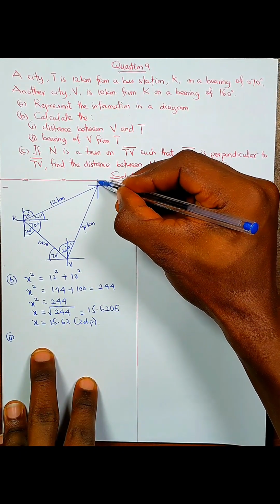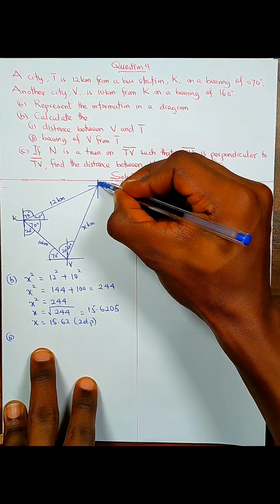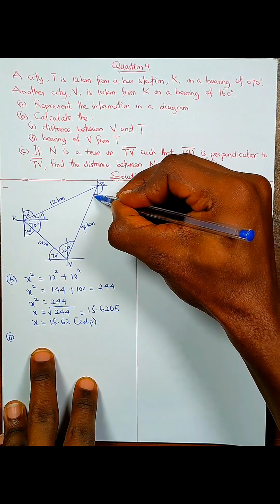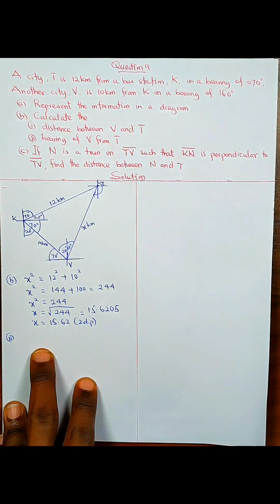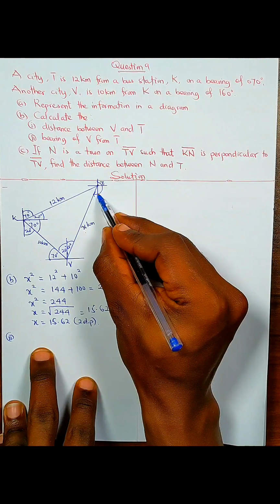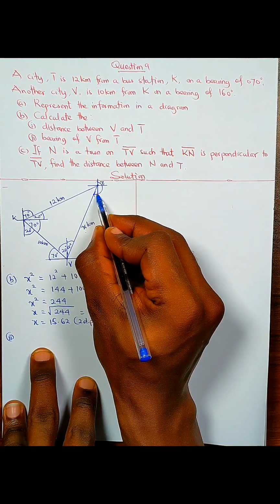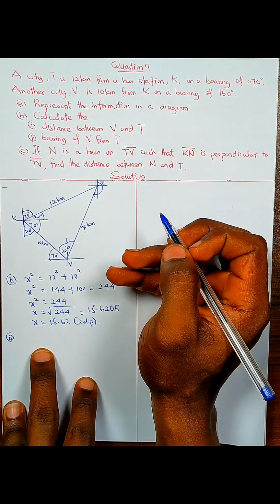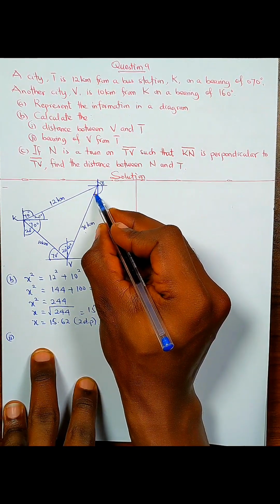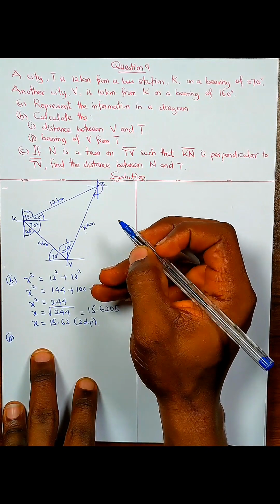Okay, so it means you're looking for the angle from here up to this point, and we know from here to this side is 180 degrees. So all we actually need is this angle here. If we're able to find the angle here, we can just add it to 180 and we are done.